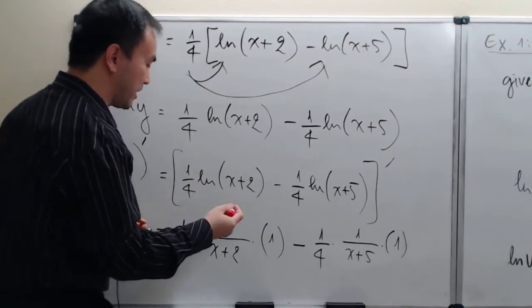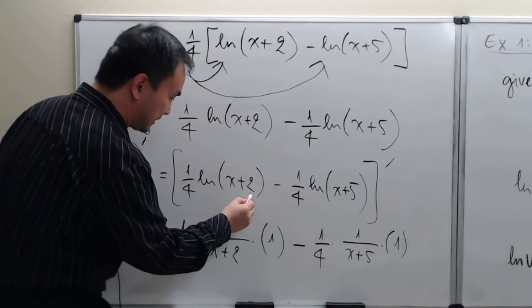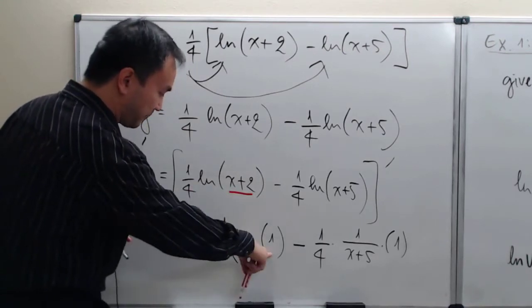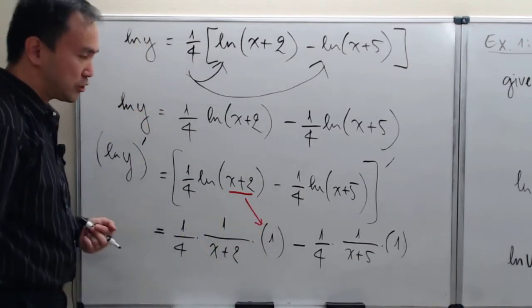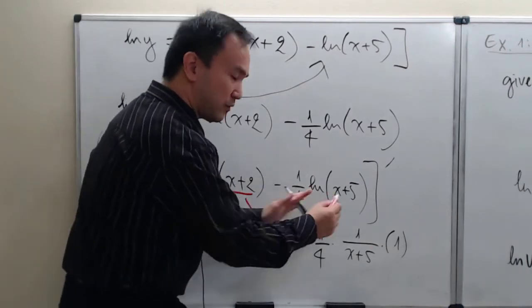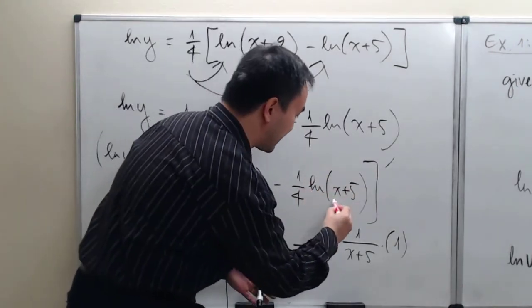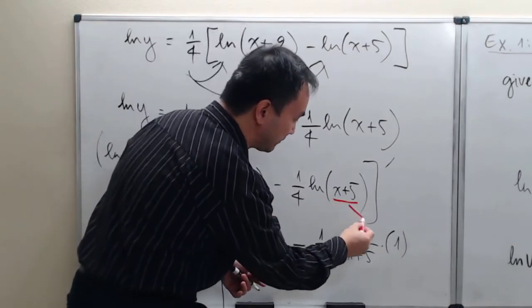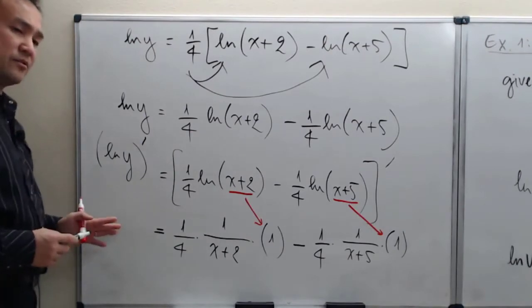To remind everyone about that inside: for the first term, we had x plus 2 inside of our natural log, so when we took the derivative, that's why it gave me this 1, the derivative of x plus 2. Then when we advanced to natural log of x plus 5, the x plus 5 inside gives the derivative 1. Okay, so that's the right hand side.